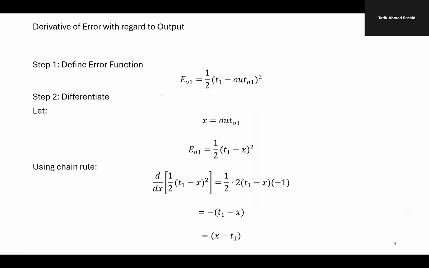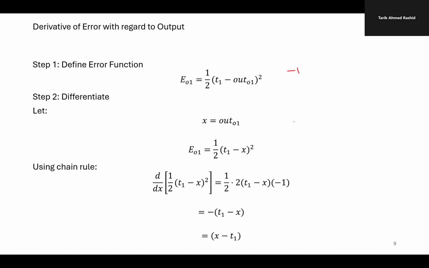Next, we will do the calculation for this term. So derivative of error with regards to output, we will have this one. Here, derivative of this one, it will be 2 multiplied by half, multiplied by t minus out, multiplied by, for the output, the derivative of output, it will be only -1.